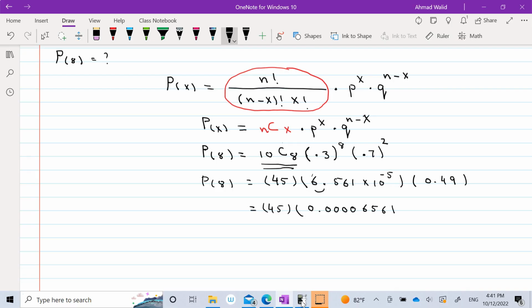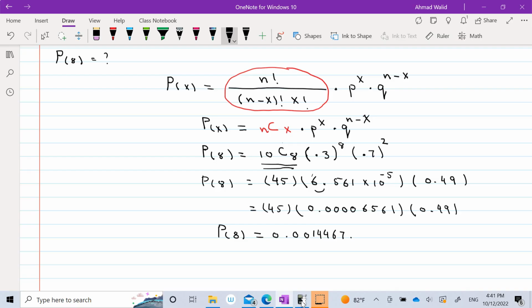6561, correct? Times 0.49. Using your calculator, multiply these three numbers. P of 8 equals 0.0014467.